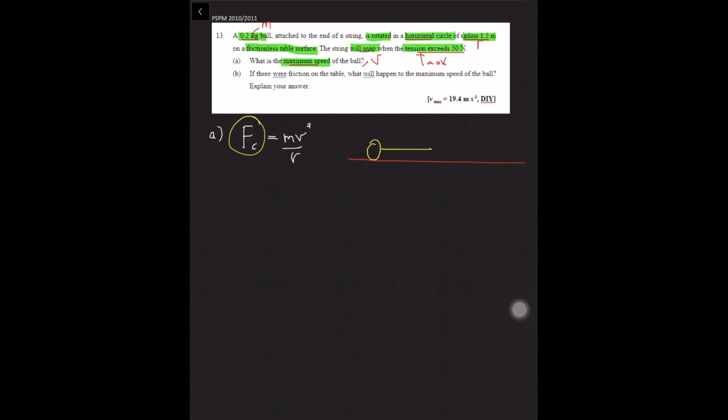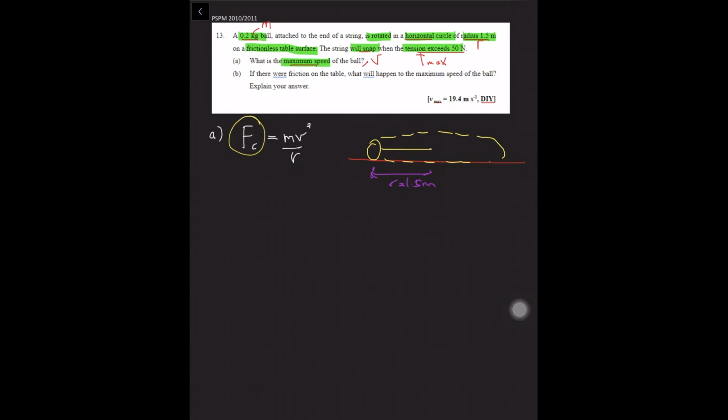Okay, so we have the ball attached to a string in a circular motion with radius. Now we know that the radius is equal to 1.5 meters. So let's identify the forces that are acting on the ball.